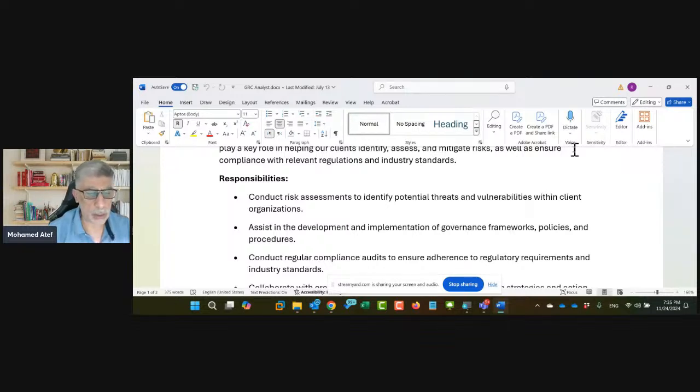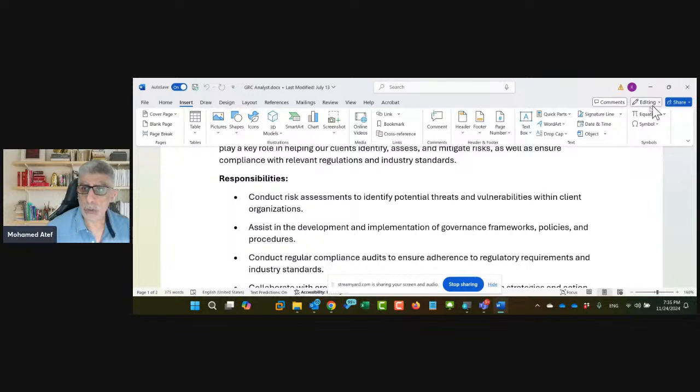And third, the audit. How can I audit an organization? How can I check the compliance level of our organization? So when we start looking into the job responsibilities, we will find those elements highlighted here. So I'll focus on the important points, and I will explain how to gain this kind of skills realistically.